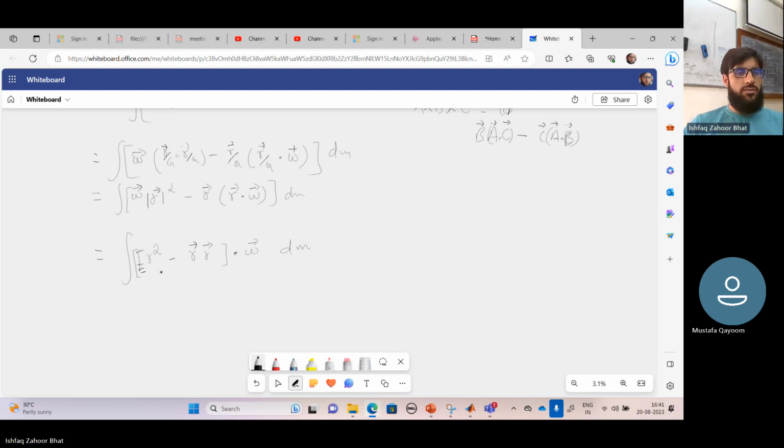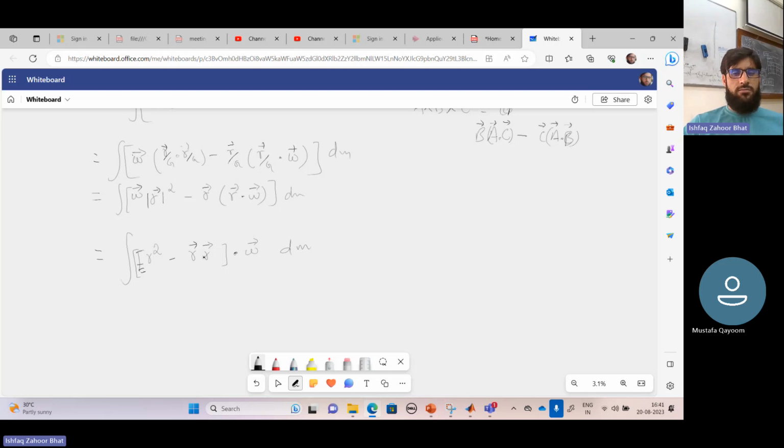Omega is associated with a rigid body and it is the same for every point. So this omega I can pull out of this integration. That is the only thing I am doing. Okay, but while I am taking it away, I make up the dyad product. So this is r dot omega. So I can take this omega out and I can take this side by side.